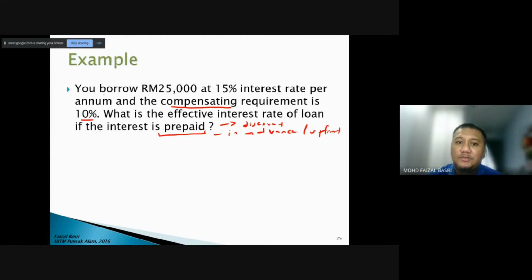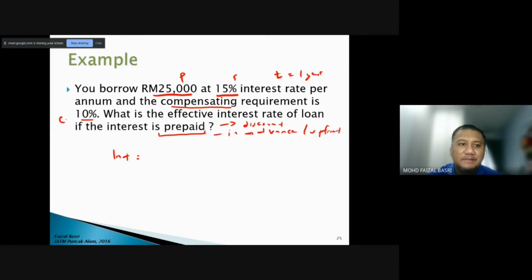So how to answer this question? Always start with interest. The interest is based on principal 25,000. This is our rate, 15%. Imagine the time is 1 year too. If they say 6 months, they will explicitly write 6 months, 9 months, whatever. But for this case, we assume it's 1 year.